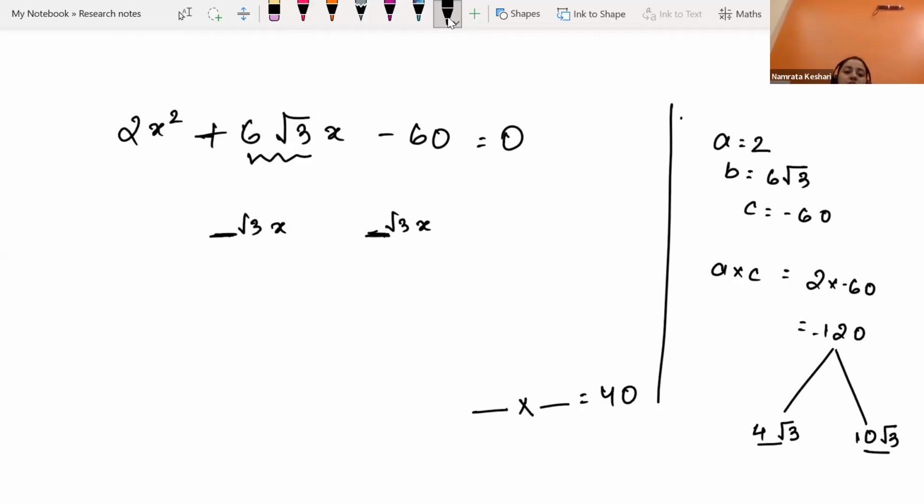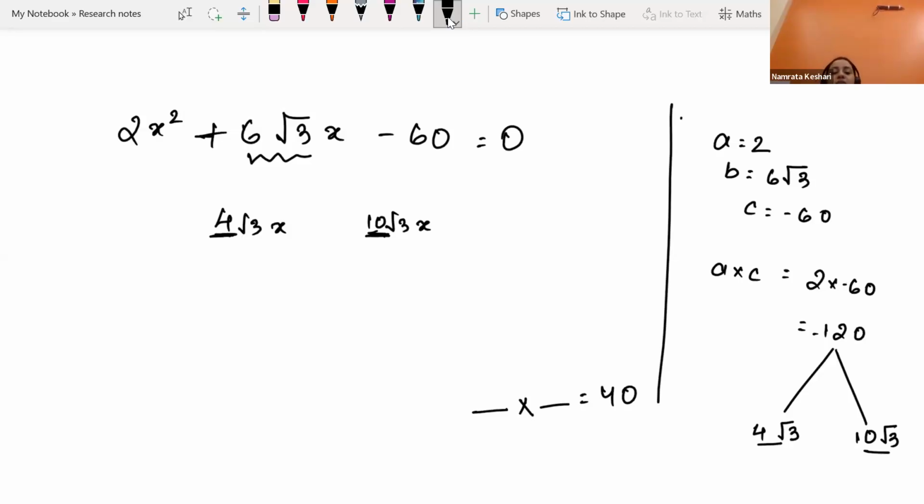Okay. 4 and 10. Was it that difficult to figure it out? No, not really. This is the process we will follow. Whatever be the middle term, whatever square root term is sitting over there, this is how we will start thinking. First we will do the multiplication of AC, we will see which number we are getting, then we will see the middle term, that root term has to be there, then we will think that already we are making 3, what else we need.